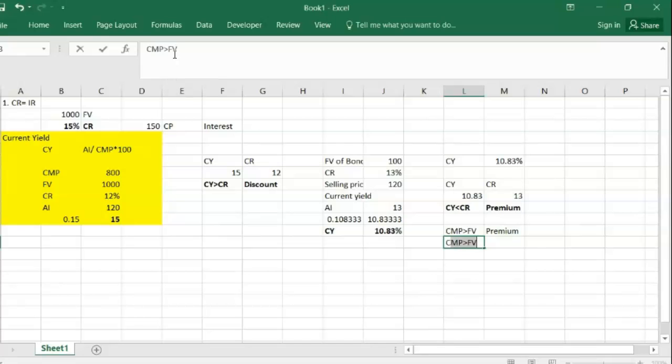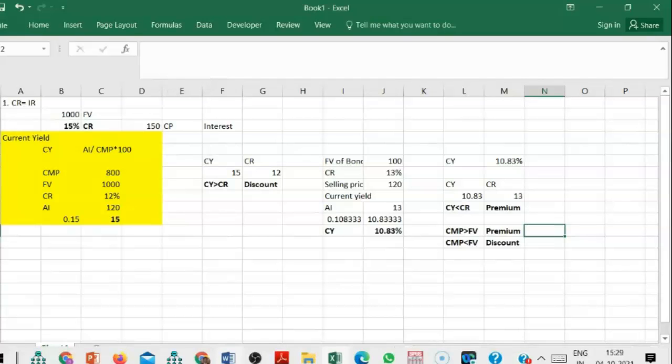Or else, if the current market price is less than the face value, the instrument is available in the market at a discount. So this is the first set of identification, whether the instrument is available at a premium or at a discount. It is easy to calculate.